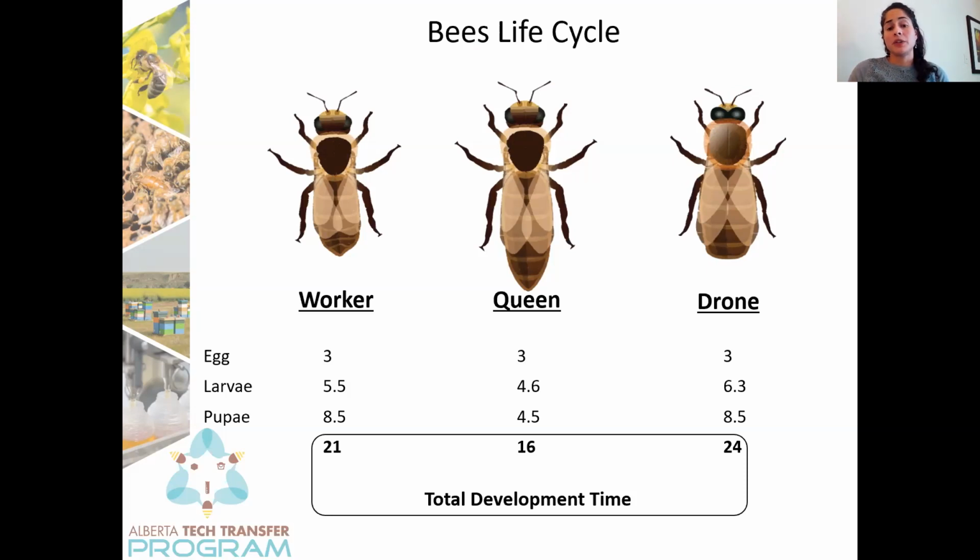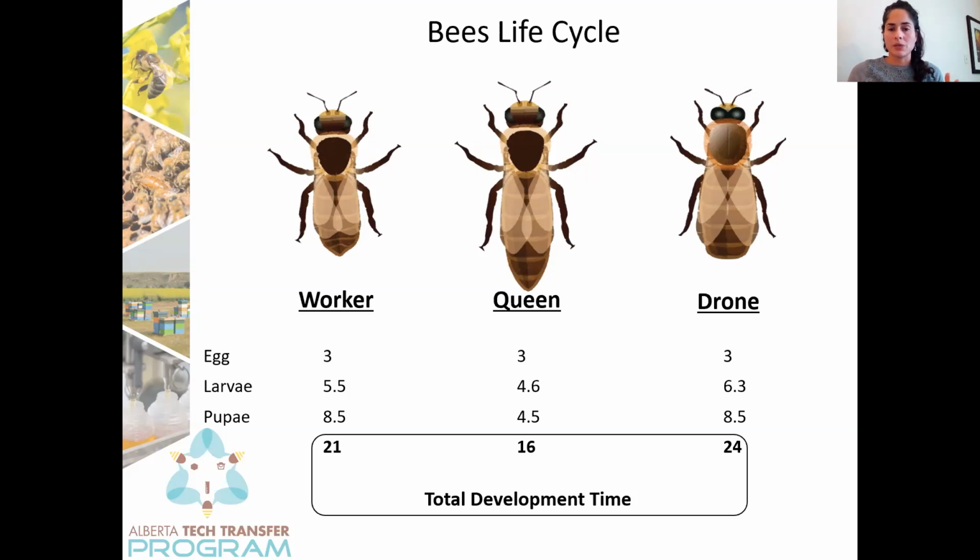And this is very, very important, especially if you are raising queens. It's very important for you to know those life stages and how long they take in each stage, because one can be a little bit more delicate than the other.